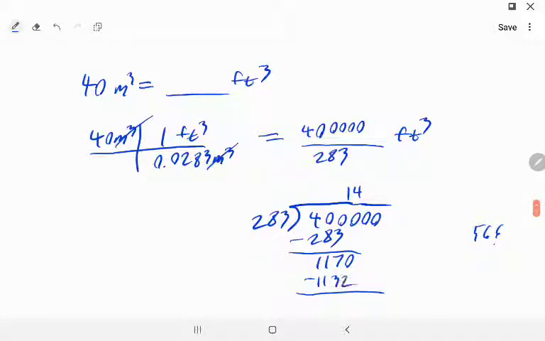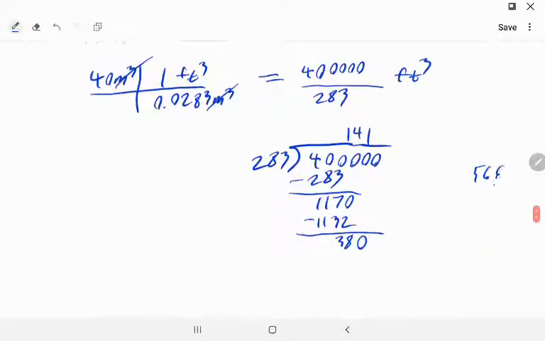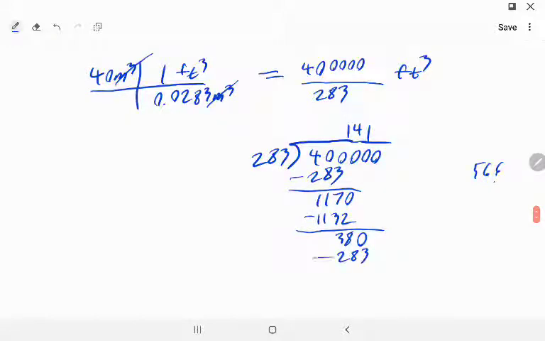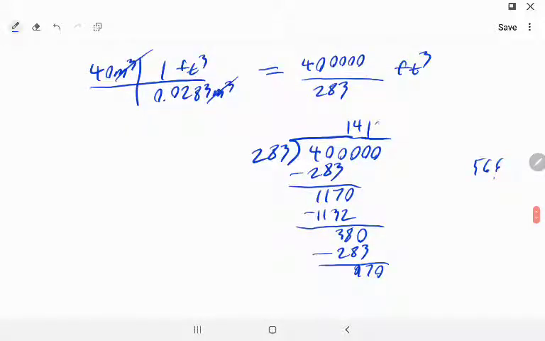Yep. So we subtract, we get 38, drop down to 0, goes in once. Subtract, we get 97, drop down to 0. That'll only go in 3 times. That gives us 849. Subtract, we get 121. Drop down to 0. And so that'll be around 0.4. So that's around 1,413 cubic feet. So like I said, not something that you have to do by hand.